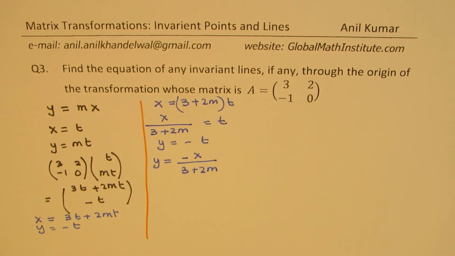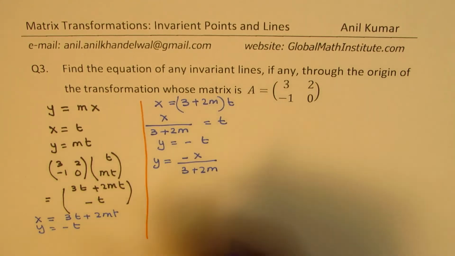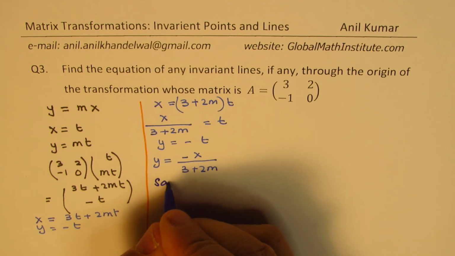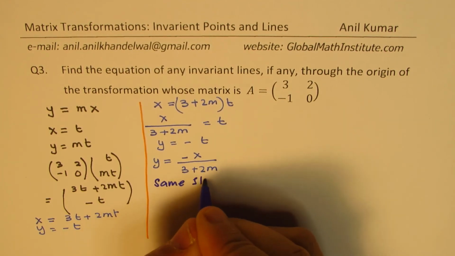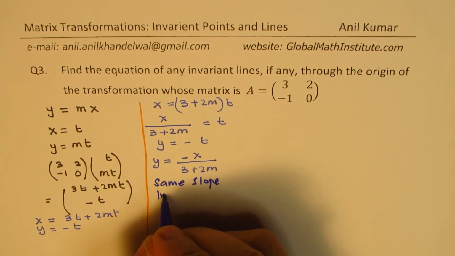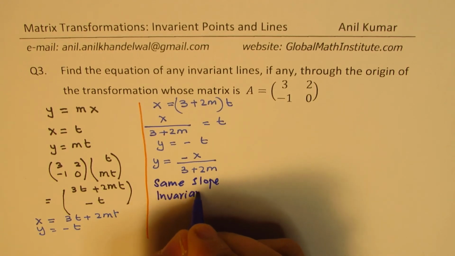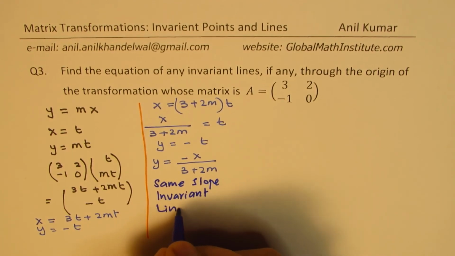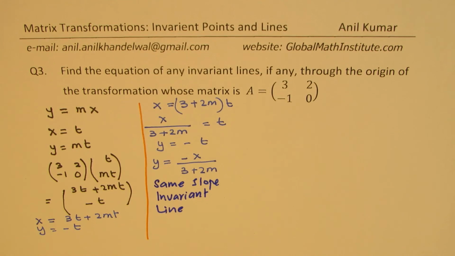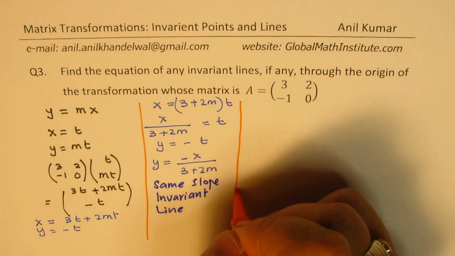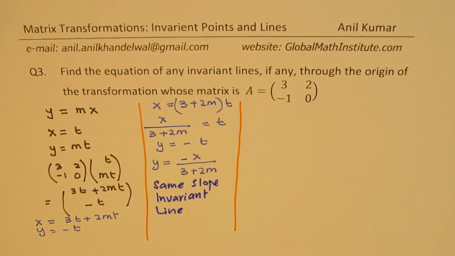Correct? Now for an invariant line, slope should be the same, right? So same slope for the invariant line. Correct? So we'll equate the slope and find the value of m, which can give us the solution.